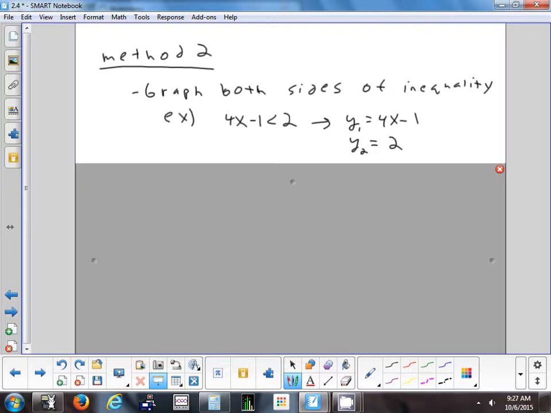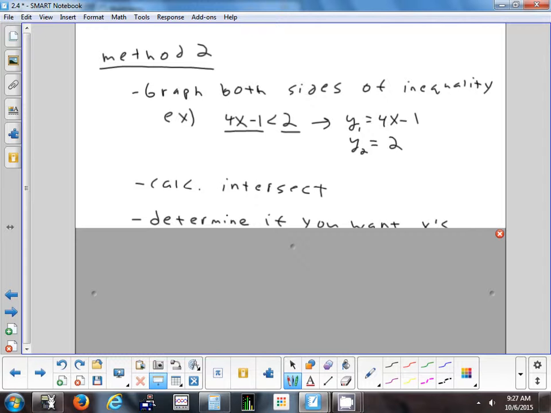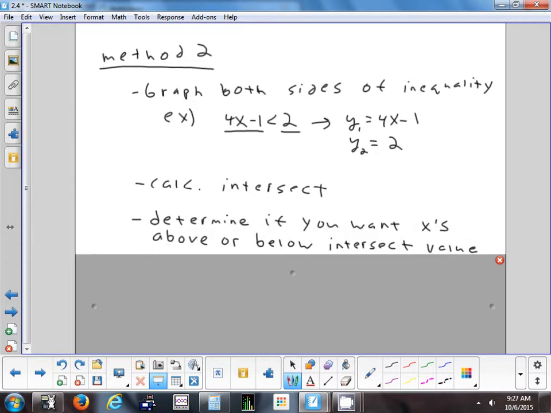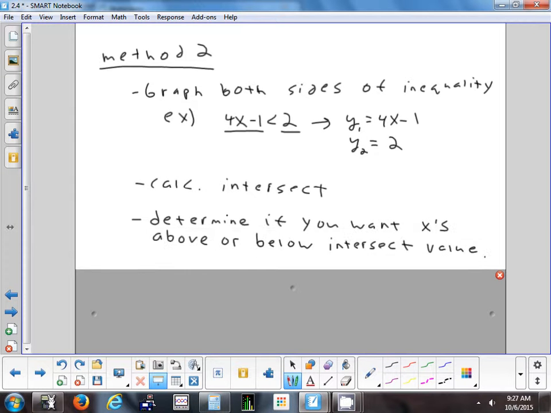Basically, take what's on the left, put that in y1, take what's on the right, put that in y2. Now we can use an intersect, because we're graphing two separate things. Once you find that intersect value, you're either going to want x's above or below that, depending on the inequality in the original problem.